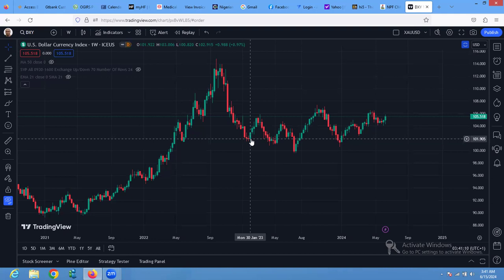So 161.8 might be longer, 1.23 might be longer. So price may just want to do a 100. If 100 is going to be longer, price is going to truncate the second leg.